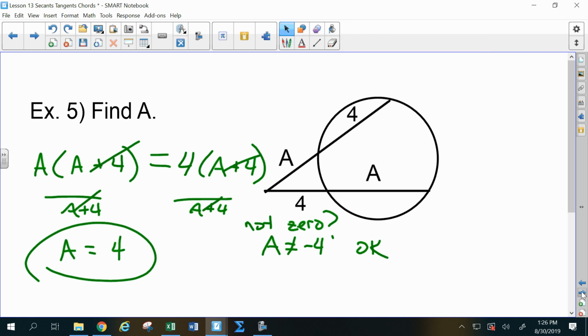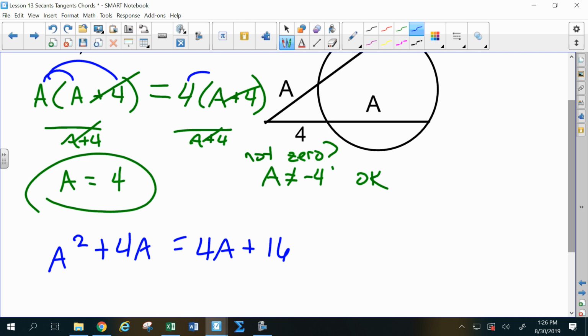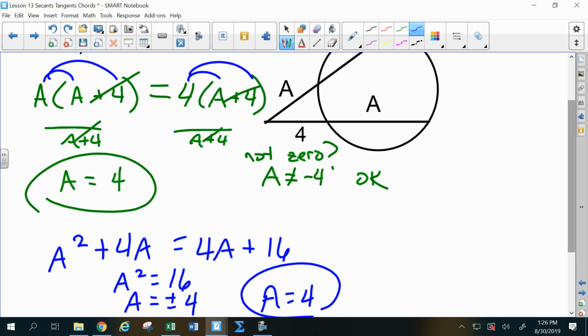If I didn't know I could rule out negative 4, I'd have to do a squared plus 4a, distributing here, equals 4a plus 16. And because of the way the 4 repeated, I could subtract the 4a's and have a squared is 16. A is plus or minus 4, except it can't be negative 4, so a is 4. Sometimes we'll have to use that process because we won't have the nice symmetry with the 4's and the a's in both of them. We just start off on kind of easy ones.